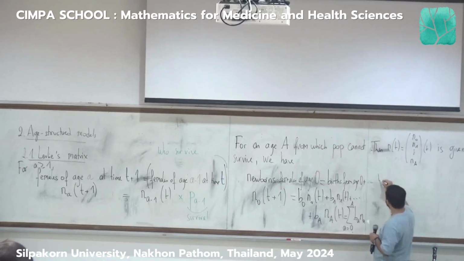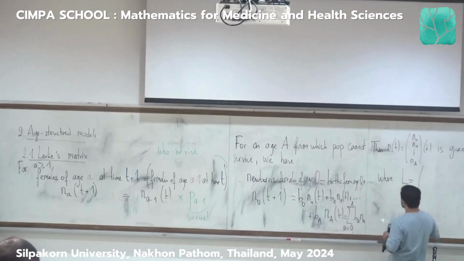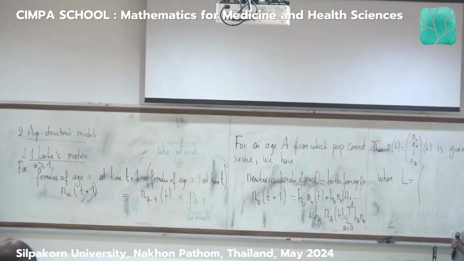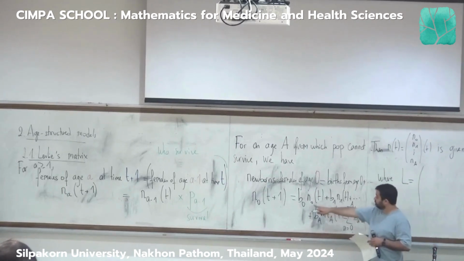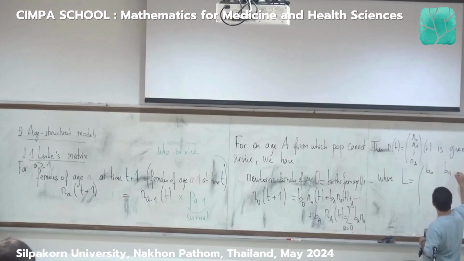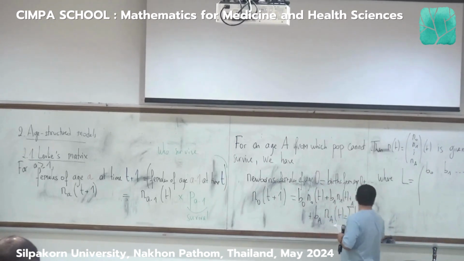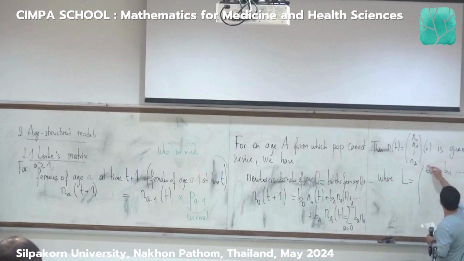So what is this matrix F? The first line is this one, so it's D0, D1. The first line puts all the births this way.